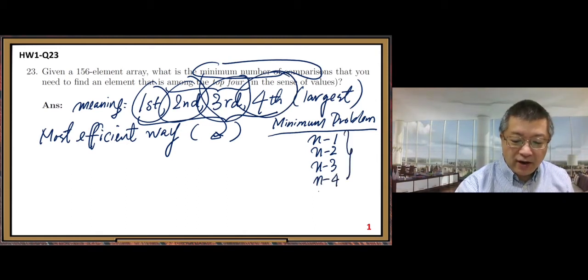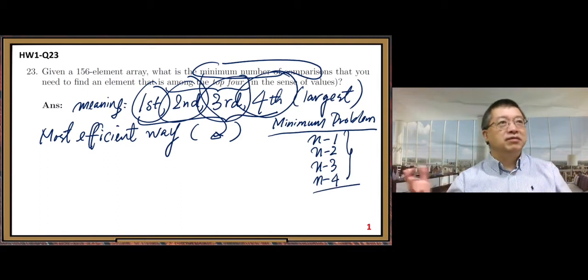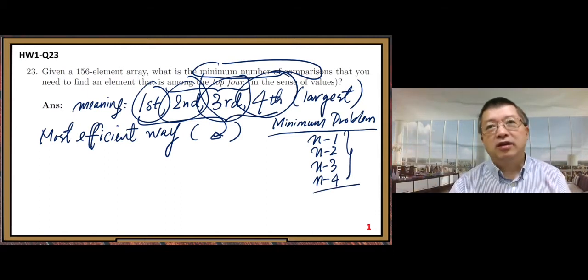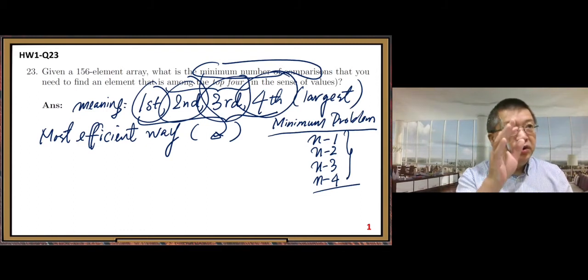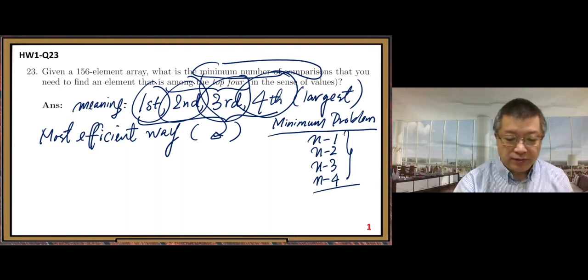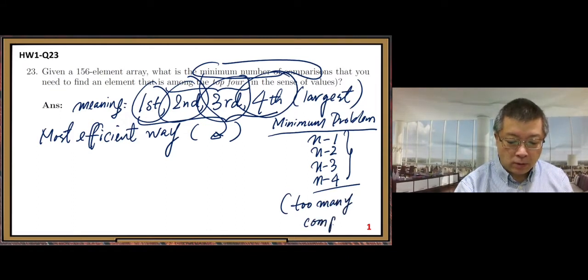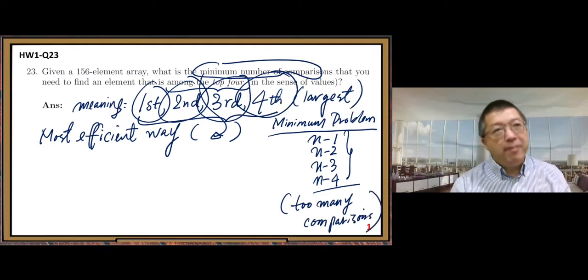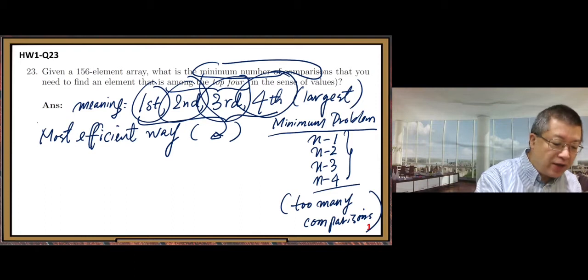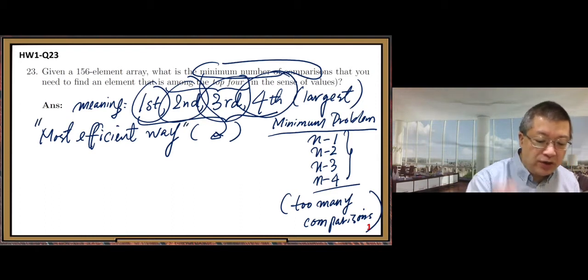Put together, they tell me that's the answer. If you do it this way, you use too many comparisons. We don't need that many. We can reduce the number greatly. That's why I emphasize the most efficient way.